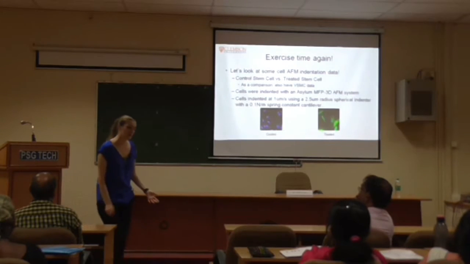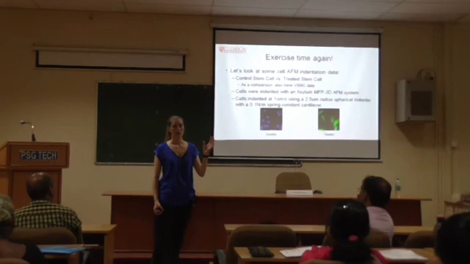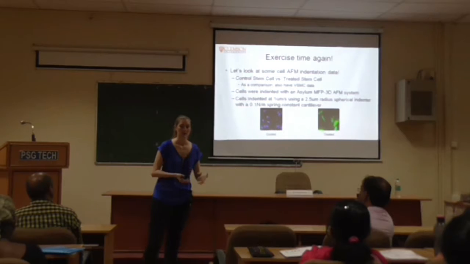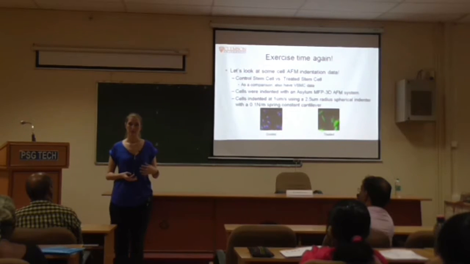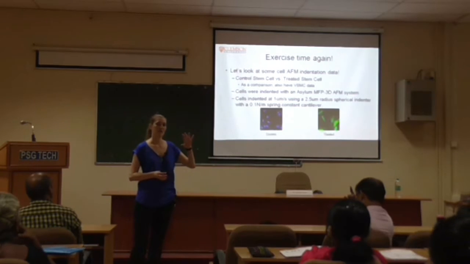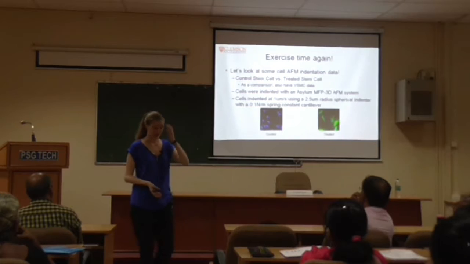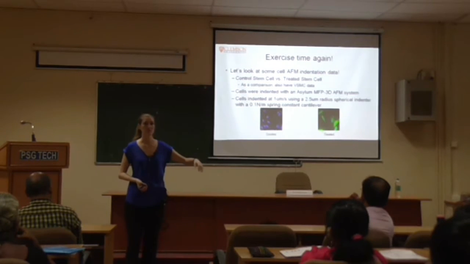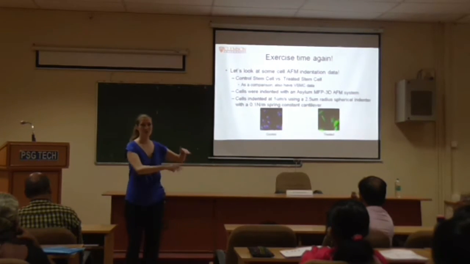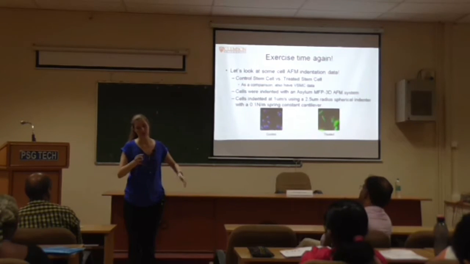What we're going to do in lab is take the raw data and convert it into indentation data, so convert the raw data from what the machine outputs to force versus indentation. Like the data from yesterday, remember the AFM does not measure tip-sample distance.